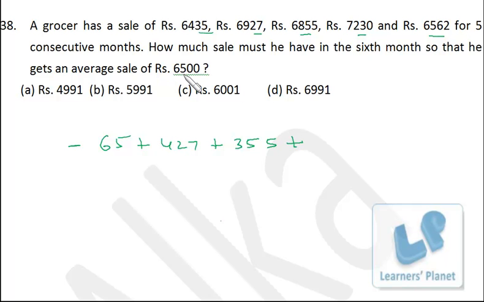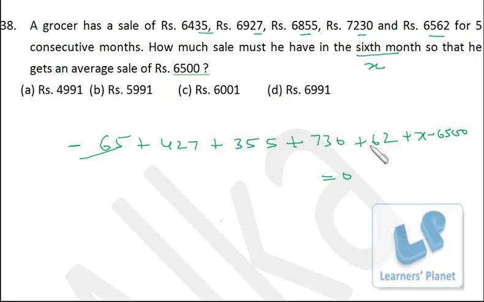Then 7230, so 130. And then 6500 and 6562, it is positive 62. And we've assumed the sale in the 6th month is x, so the deviation will be x minus 6500 and that is equal to 0.